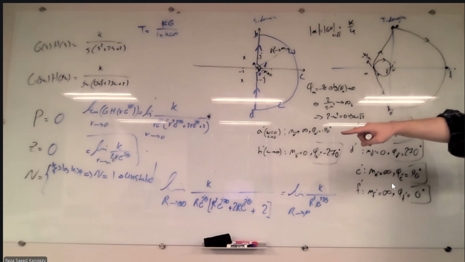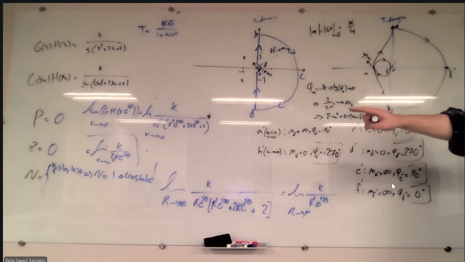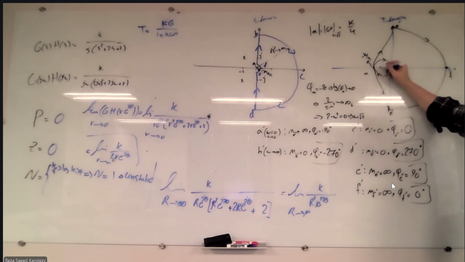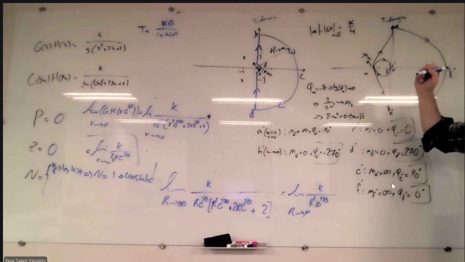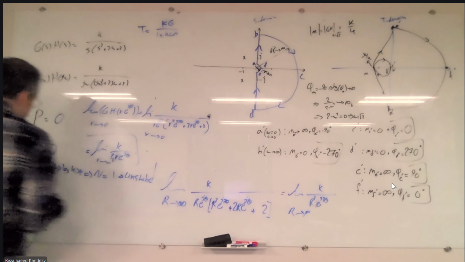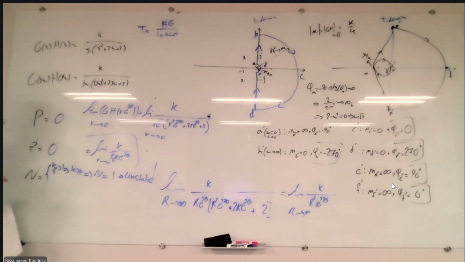If K is bigger than 4, that means minus K over 4 happens here, and we have minus 1 here. So we have N equal to 1, and we know the formula for stability was Z equals P plus N. In this formula, these two are 0.